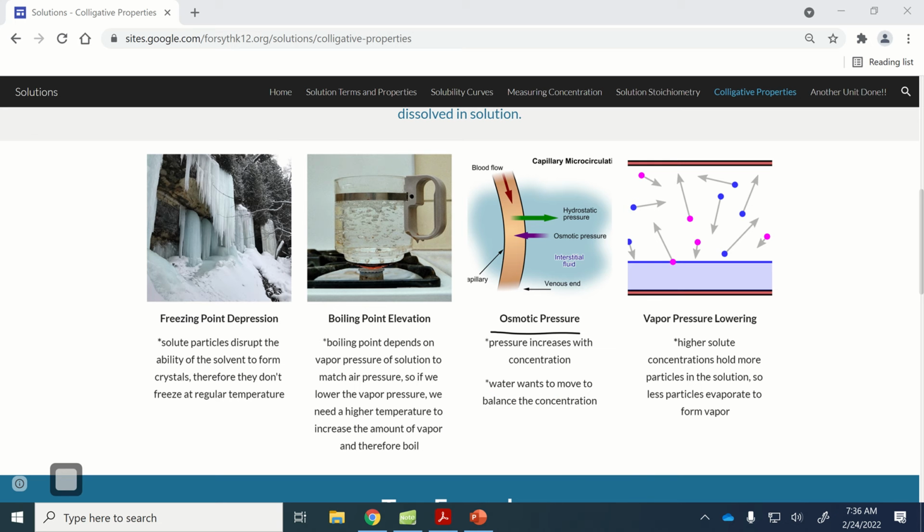So these are our 4 colligative properties. This is all changing the solvent physical properties of freezing point, boiling point, osmotic pressure, and vapor pressure. The thing is, all of them are directly related to the amount of solute. The more solute you have, the more depressed the freezing point is, the higher the boiling point elevation, the more osmotic pressure there is, and the lower the vapor pressure is.